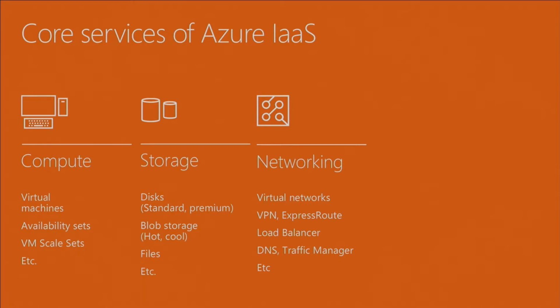This is a slide you probably saw yesterday in Jason's keynote as well. Compute, storage, networking, right? These are the core pillars, or core services, that form infrastructure as a service. We'll talk in a lot of detail about each one of these services, but at a high level, what I want to say about compute is that anything that you have on-premise, a VM that's running on-premise, it's the same thing to run it on the cloud, on Azure, right?